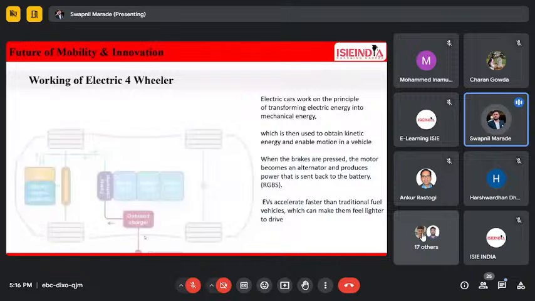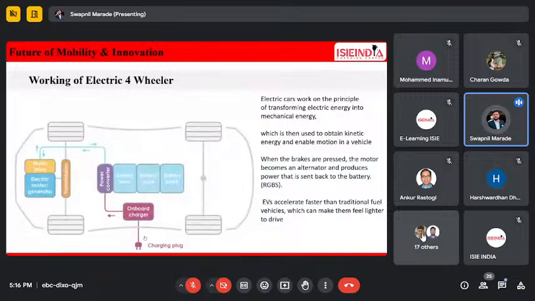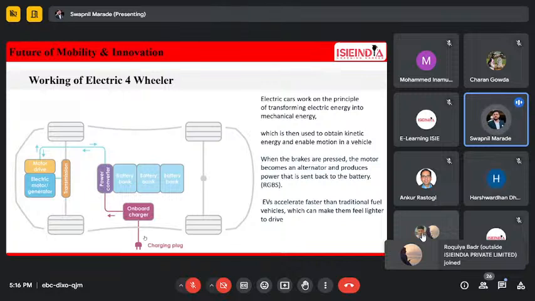Thereafter, the electric four-wheeler. Electric cars work on the principle of transforming electric energy into mechanical energy, which is used to obtain kinetic energy and enhance the motion of a vehicle. When the brake is pressed, the motor becomes an alternator and sends power back to the battery, which is the regenerative braking system.